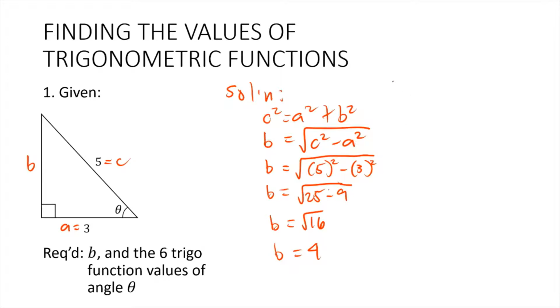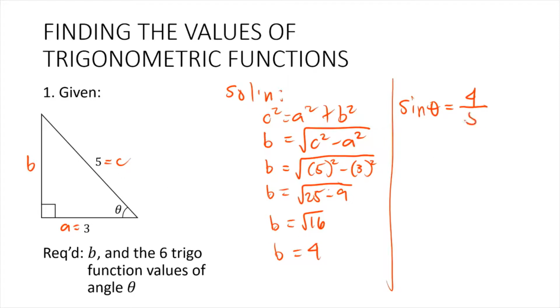Now let's solve for the values of the six trigonometric functions, in this case with respect to angle theta. First, we have sine of angle theta. Sine theta is defined as the ratio between the opposite side and the hypotenuse. So the opposite side is b. Again, relative to angle theta, the opposite side is b, which is 4, divided by the hypotenuse, which in this case is 5.